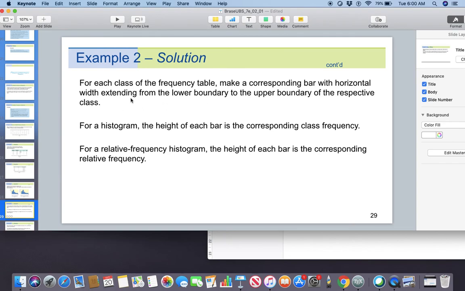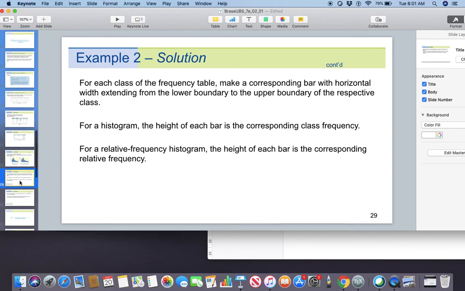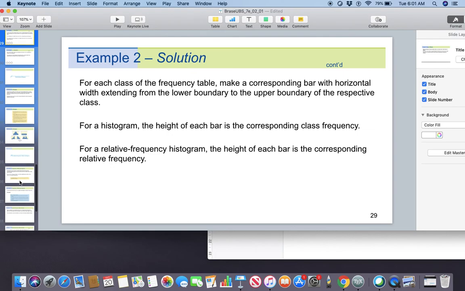Extending is the part that I was talking about: increase by 0.5 on the right, decrease by 0.5 on the left. For a histogram, the height of each bar is the corresponding class frequency. For a relative frequency histogram, the height of each bar is the corresponding relative frequency.